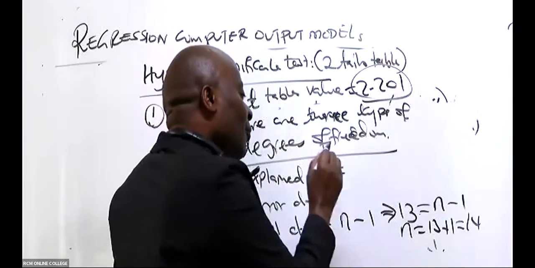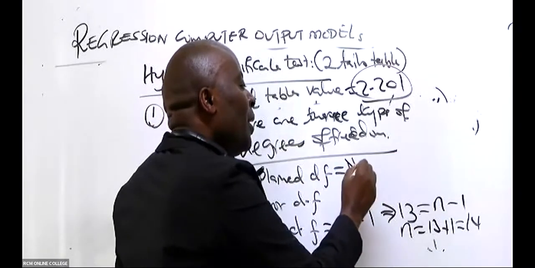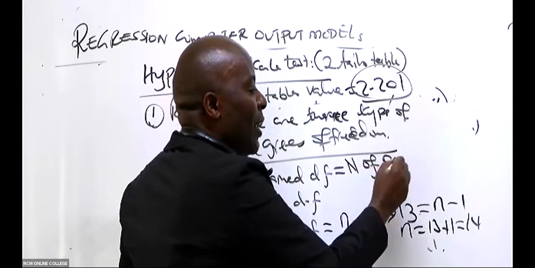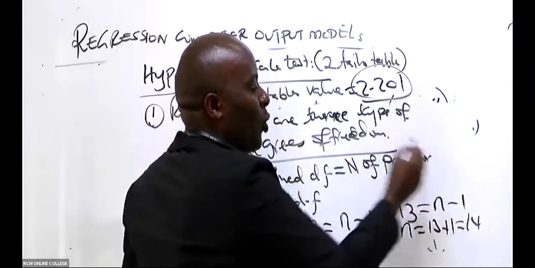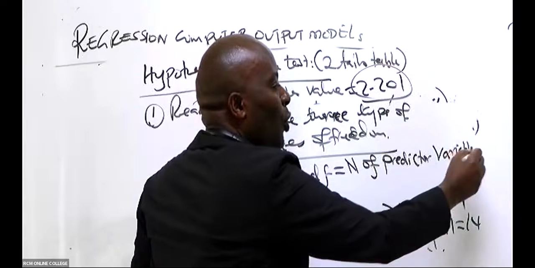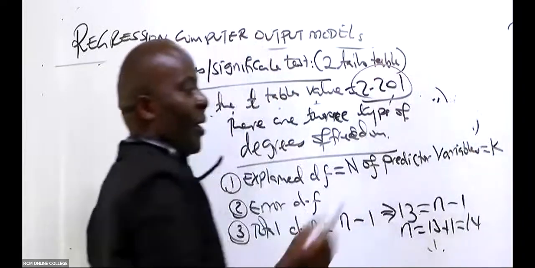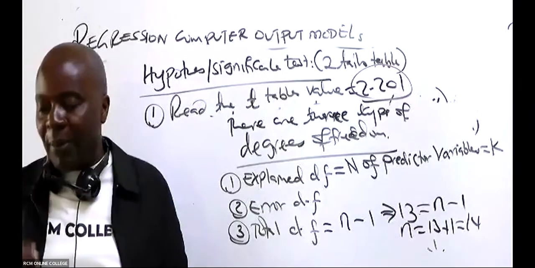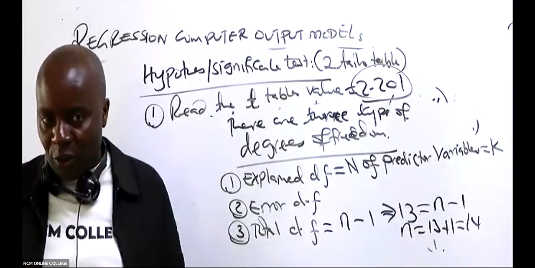Now, please listen to me very well. The explained degrees of freedom will always be equal to the number of predictor variables, which is k. Are you able to remember the number of predictor variables that we have in this question?